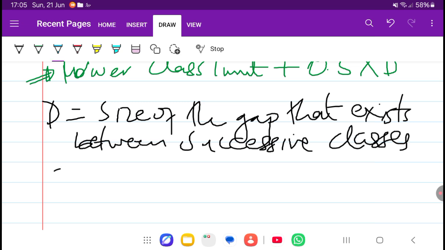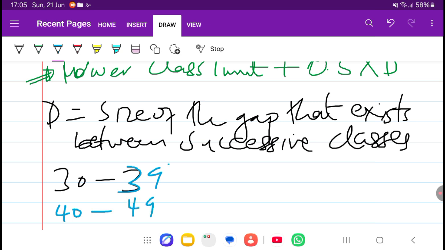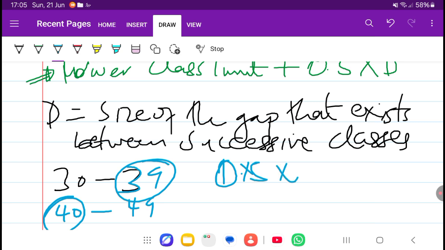So that's what I told you, that if it is 30 to 39, then 40 to 49, you get the difference between this and this. You'll find it is a 1. We multiply the 0.5 times that difference, which is 1. It becomes 0.5. We add to those two.